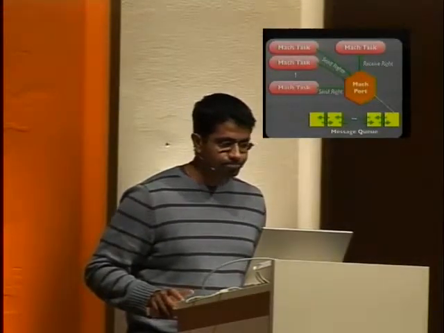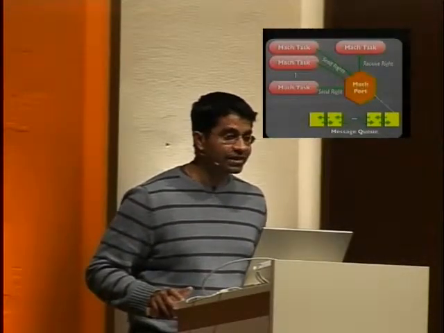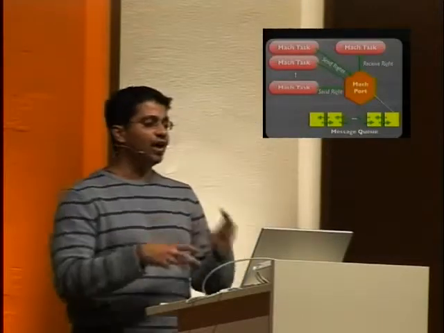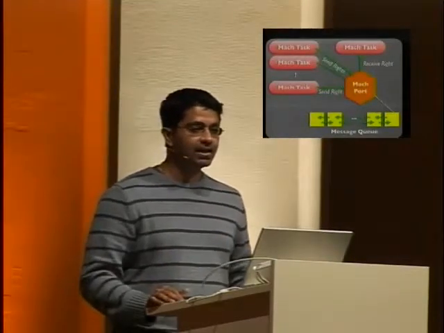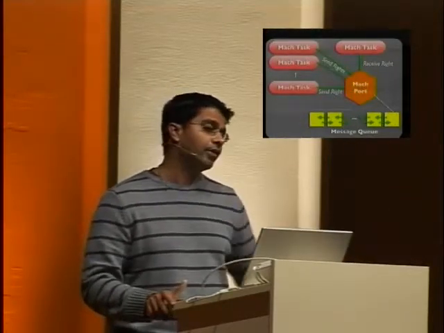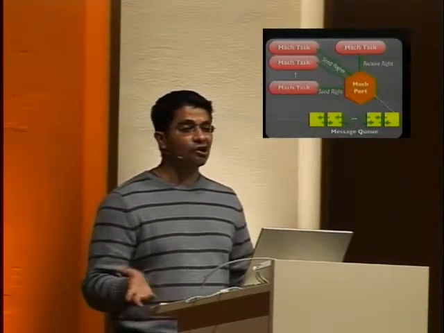The other interesting property is that the kernel also is a task. Mach APIs do not really distinguish: when you do IPC, it doesn't matter if you're sending it to the kernel or to user space, because the kernel is the arbiter. But you can modify the kernel like you would modify a user task. For example, if I want to allocate some memory in the kernel, I can do it exactly the same way as in user space.